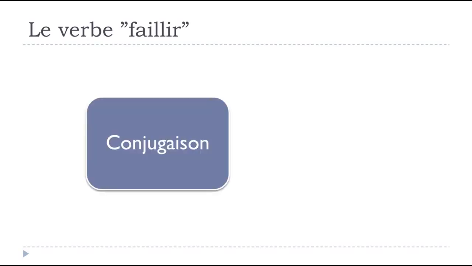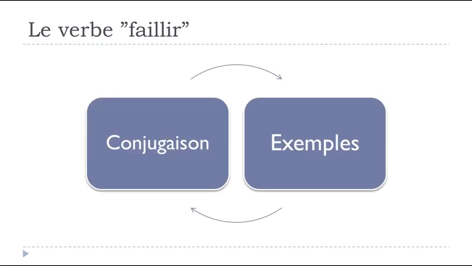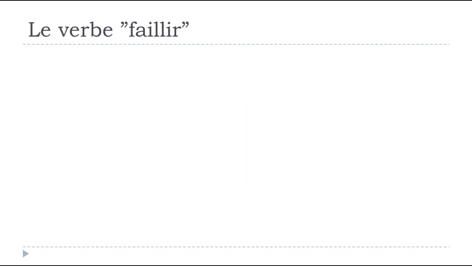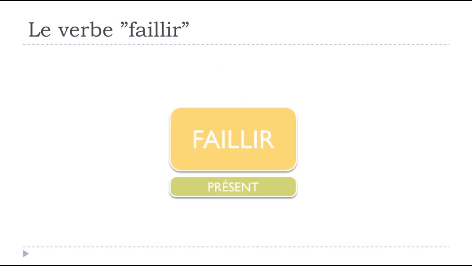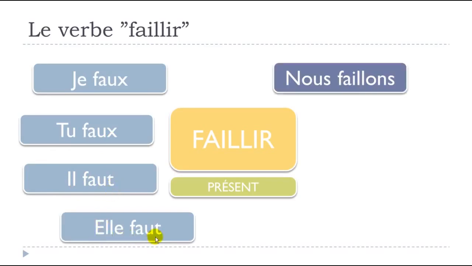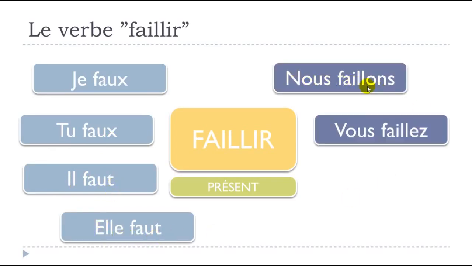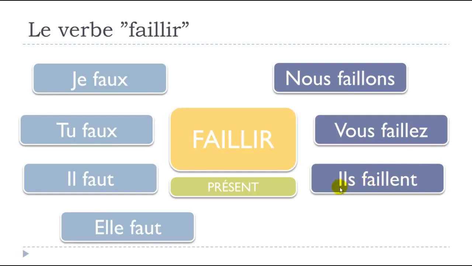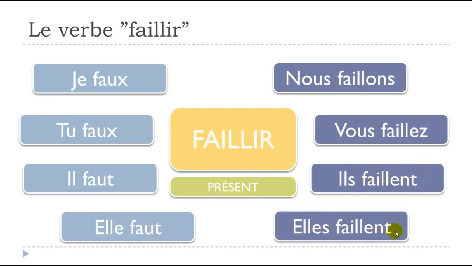Alright, but as we want to cover this verb fully, we'll see la conjugaison, and then we'll see the present form as well, because, well, you'll see there is a good reason for that. So, faillir, at the present form, it goes like je faut, tu faut, il faut, elle faut, nous faillons, vous faillez, il faille, elle faille.